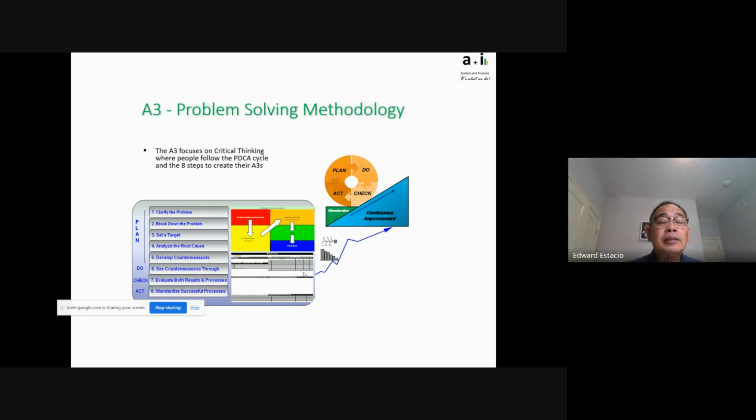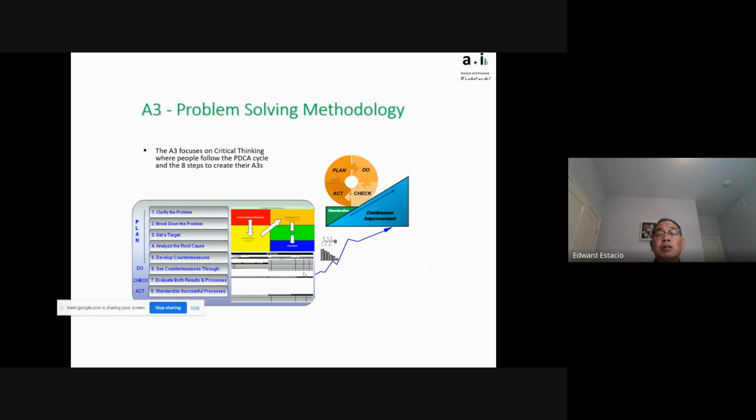Doing is, okay, we put all this in place. Let's perform it. Let's see the countermeasures through. Checking is, are those countermeasures effective or not? By looking at the results, looking at data, analyzing the data. And if not, we need to act on those.